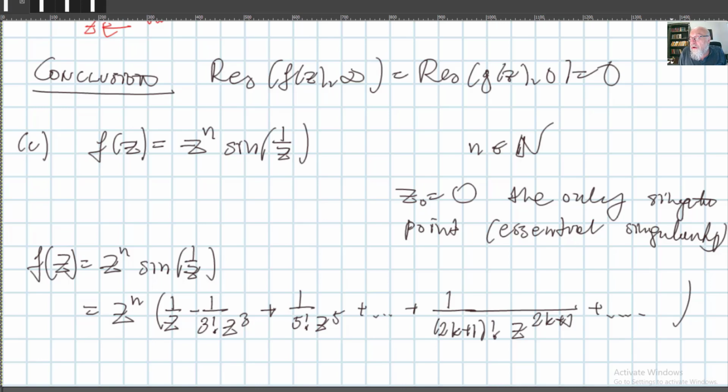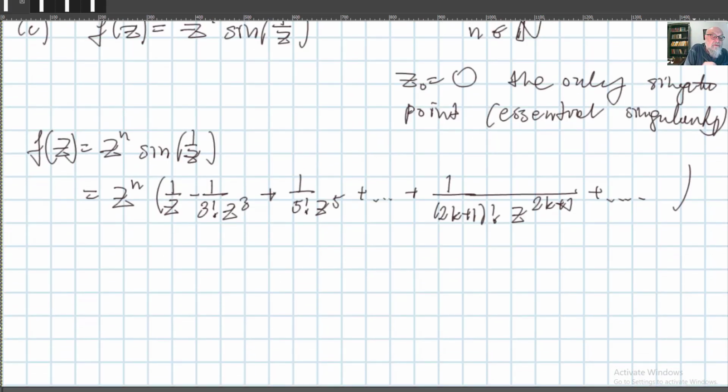The residue is the coefficient a minus 1, standing by the power minus 1. Let me check this power. We have z to the n, and take the general term.